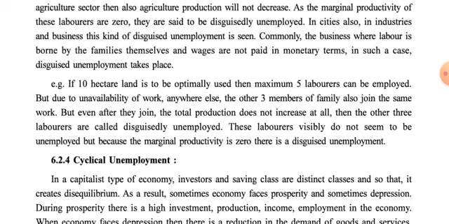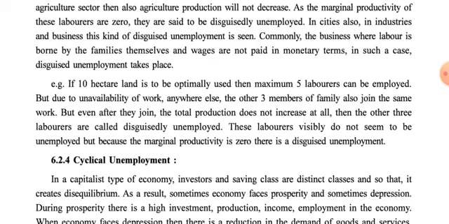These laborers visibly do not seem to be unemployed, but because their marginal productivity is zero, there is disguised unemployment. This example is based on the agriculture sector, because for the best explanation of disguised unemployment, it is inevitable to take the example of the agricultural sector. Now let us discuss the example in detail.